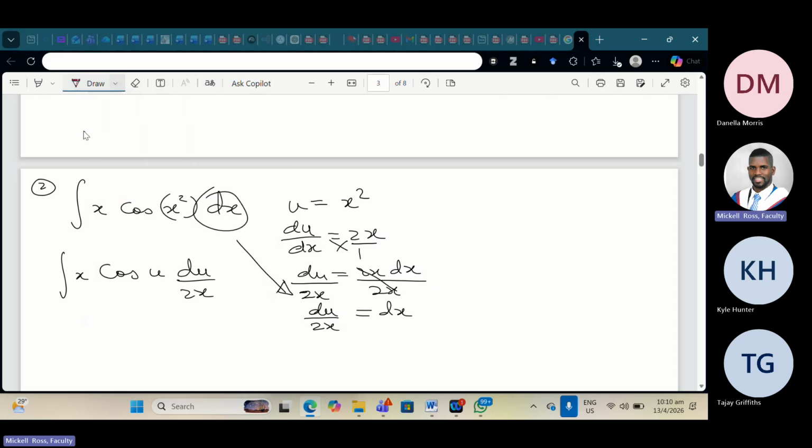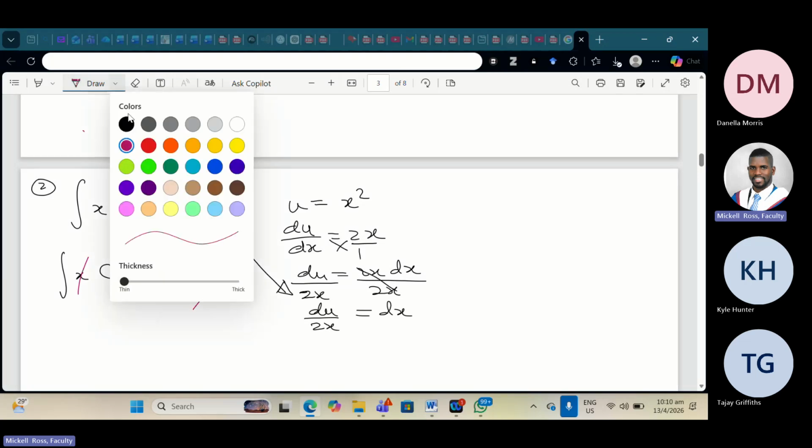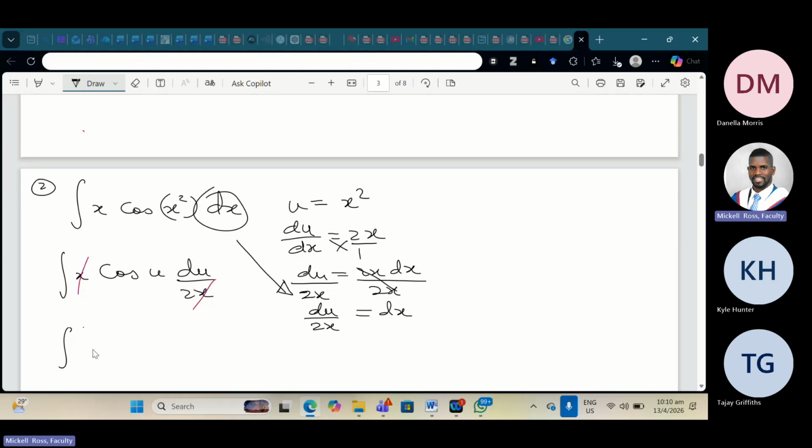Now I want you to note something. You have an x in the numerator and an x in the denominator, so they will cancel with each other. So you have the integral now of cos u du over 2. You're going to factor out a half.